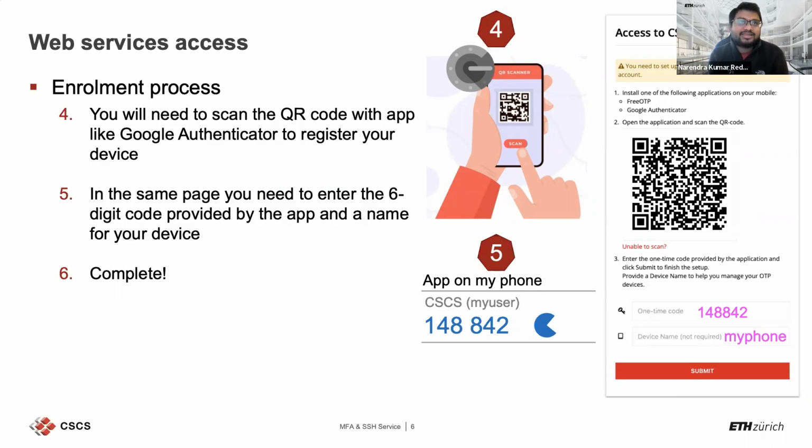So once they install the application, they need to scan this QR code and import the OTP seed into the device. And once it is imported, the first OTP they see on the device, they need to enter on the screen shown here in step 3, and click on submit. This is the complete enrollment process.